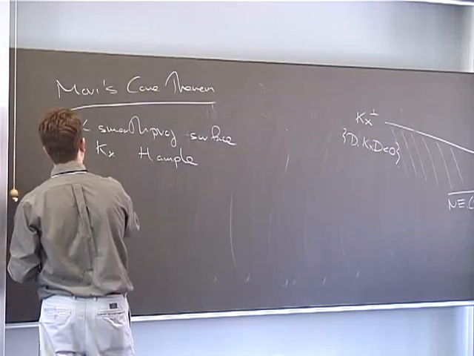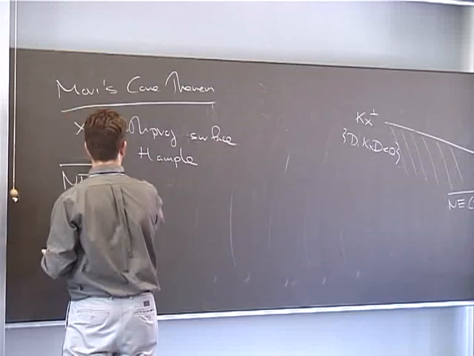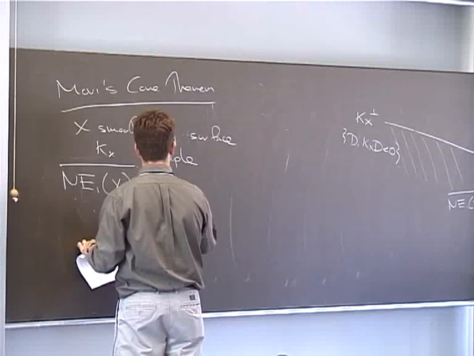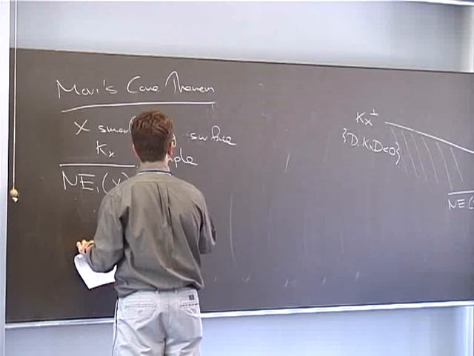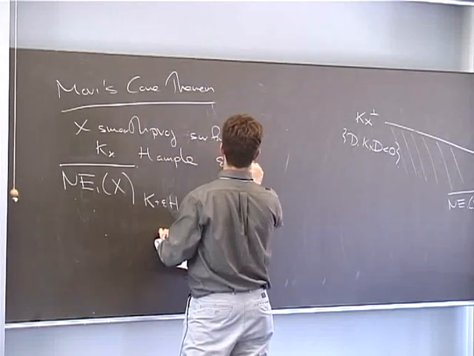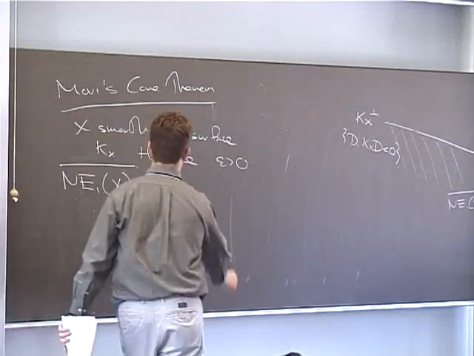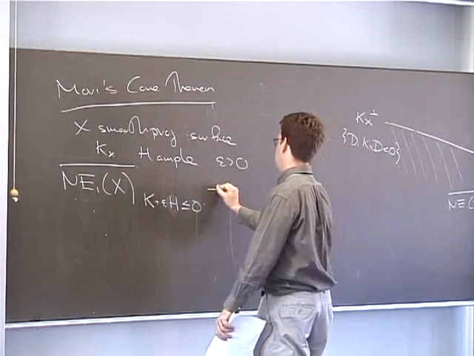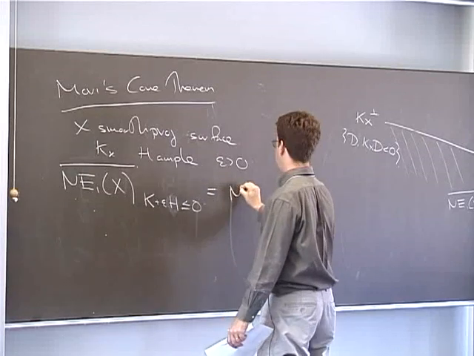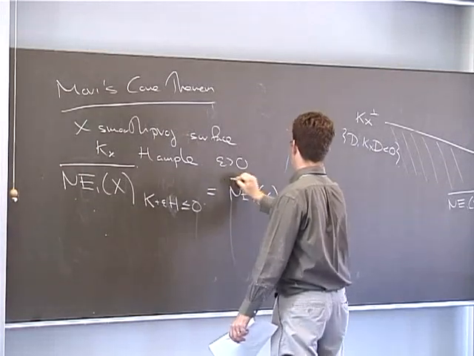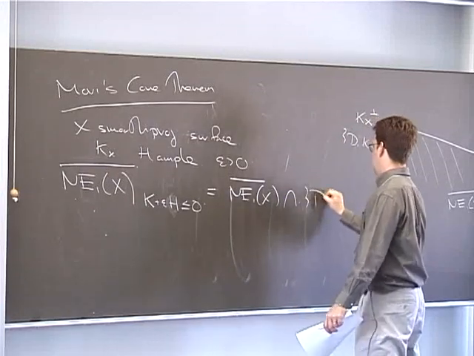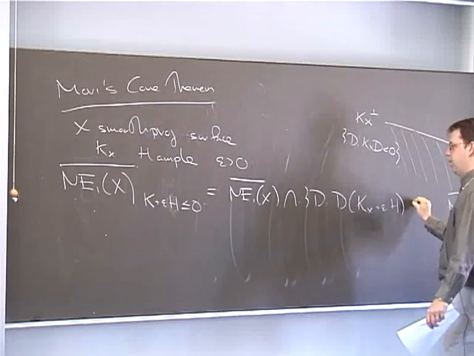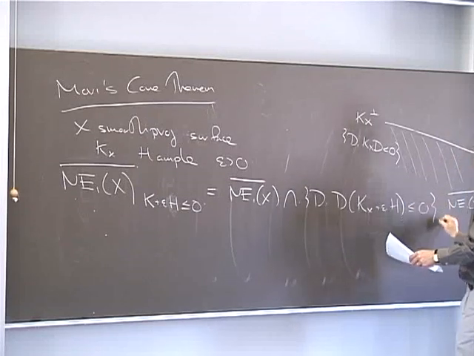What I'd like to do is describe the effective cone, but only the parts of it where (K + epsilon H) · D is less than or equal to 0, where epsilon is a positive number.